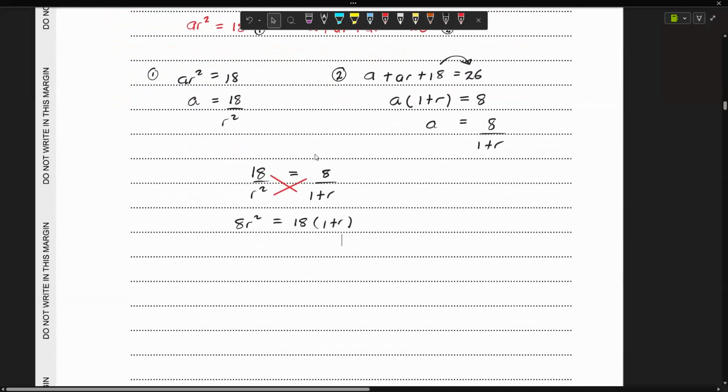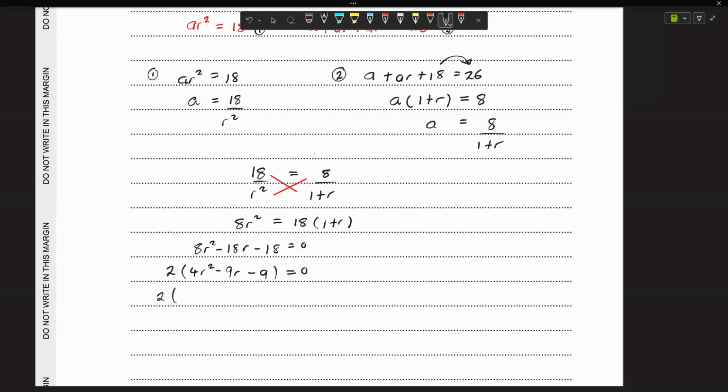That's going to give us 8R squared minus 18R minus 18 equal to 0. For this equation, we want to solve for R, so we can factor out 2. That's 4R squared minus 9R minus 9 is equal to 0.